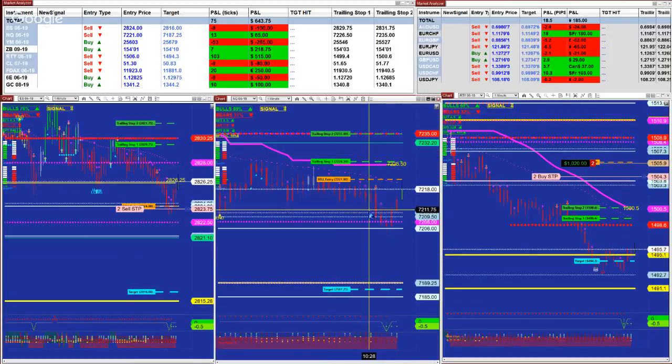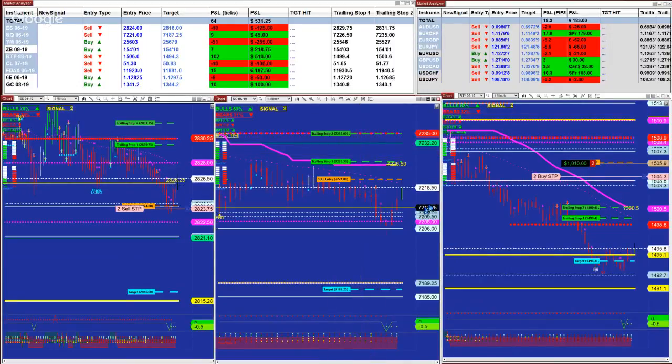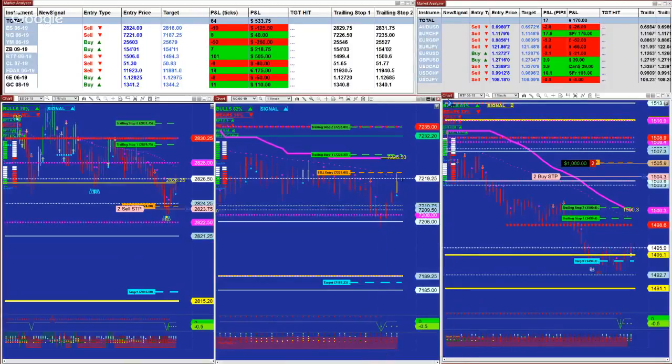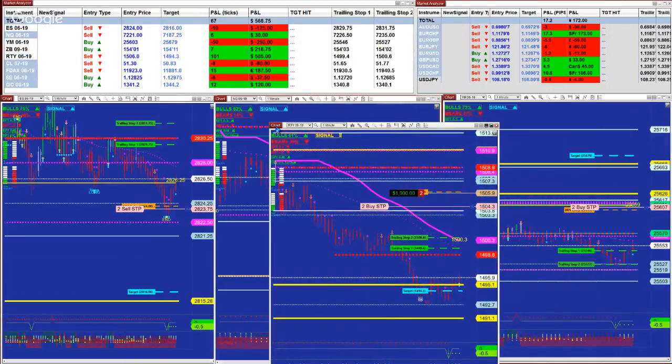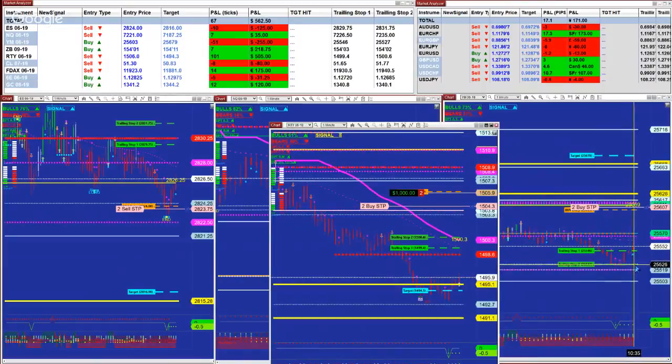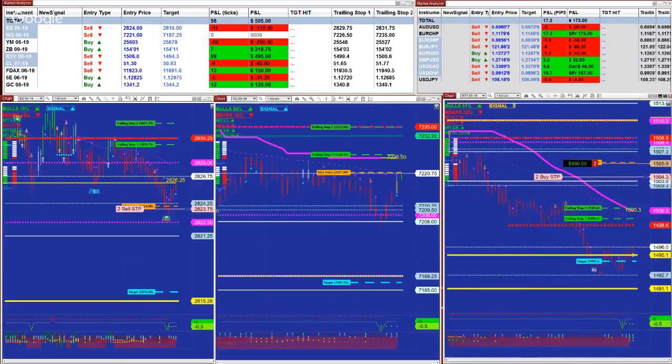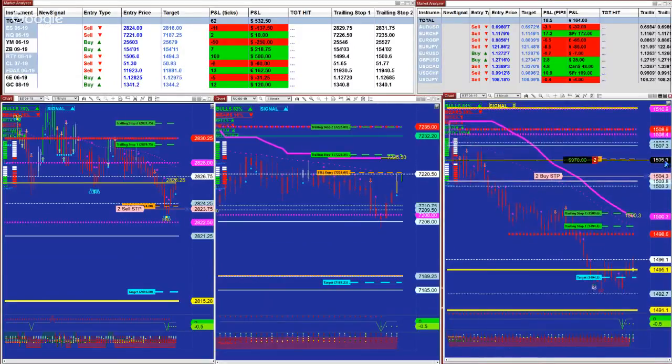On the NASDAQ, you have 1 line, 2 lines, 3 lines, 4 lines. I'm not expecting anything right now. It's not strong enough to break all those areas. And the YM has not been able to go to the short position. And that's how it is. We cannot do anything right now.